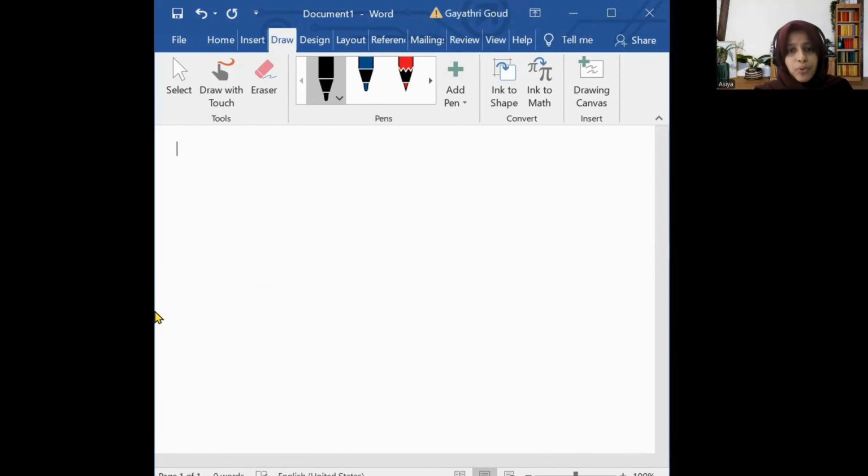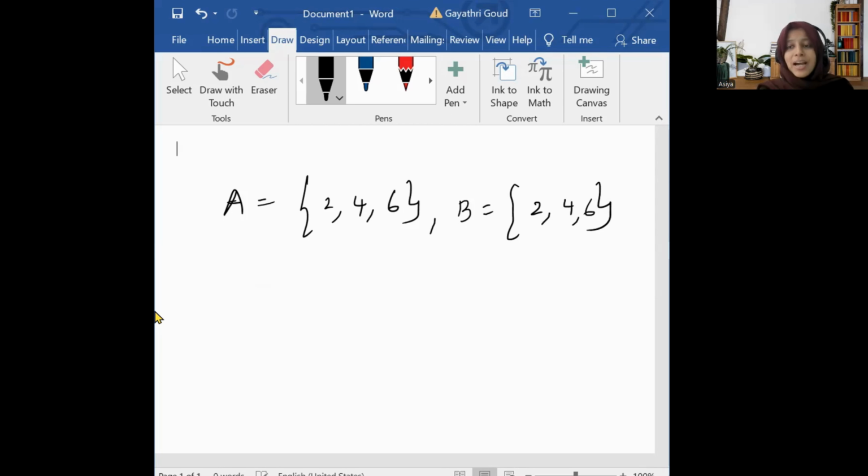Before moving on to that, I'm taking an example of A as my first three even numbers, 2, 4, and 6. Now, my set B also contains elements 2, 4, and 6. Now, I have a question. Is A a subset of B or B a subset of A? Let us have a look. Can I write A is a subset of B because whatever elements are there in A, they are also present in B?